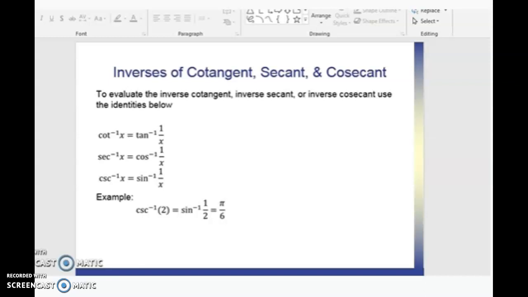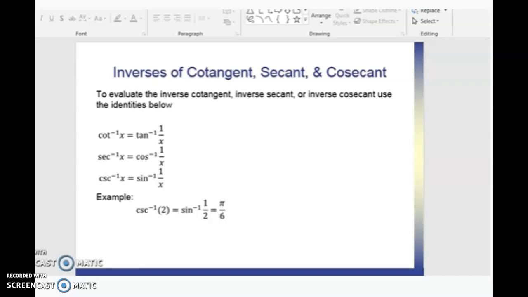Second identity: the inverse secant of x equals the inverse cosine of 1 over x. And lastly, the inverse cosecant of x equals the inverse sine of 1 over x.